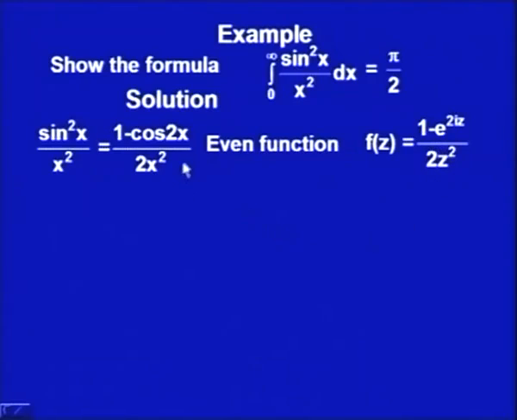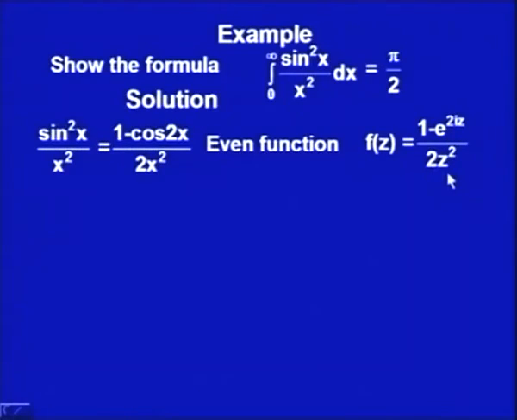The integral from minus infinity to plus infinity, on the real line, of 1 minus cos 2x upon 2x square, we would like to evaluate as the integral along a closed contour containing the complete real line, minus infinity to plus infinity, for 1 minus e to the power 2ix upon 2x square, and its real part would give me the integral we require. So, this is the complex function we have taken.